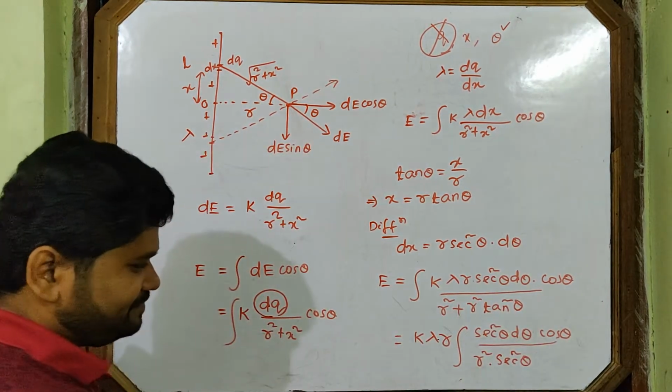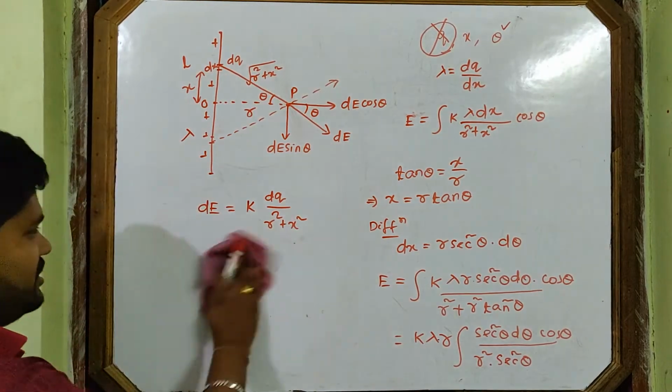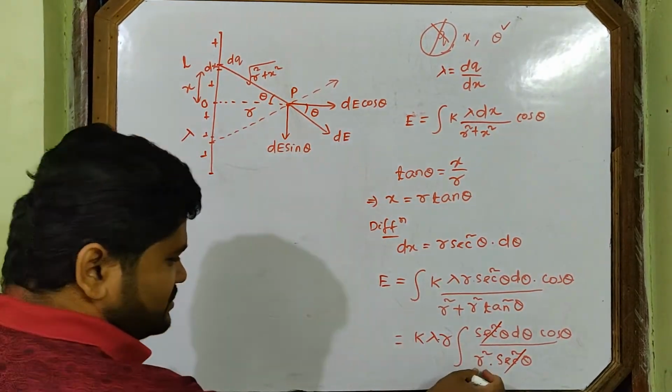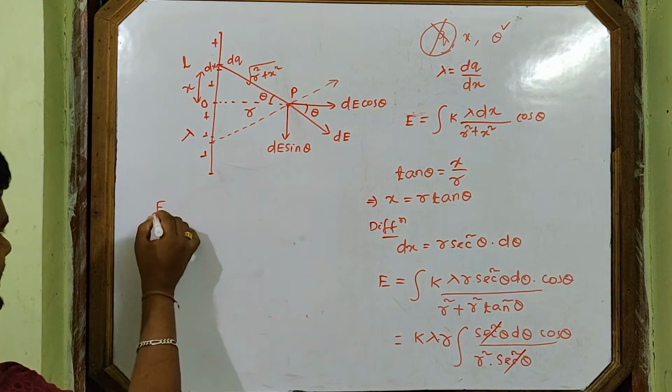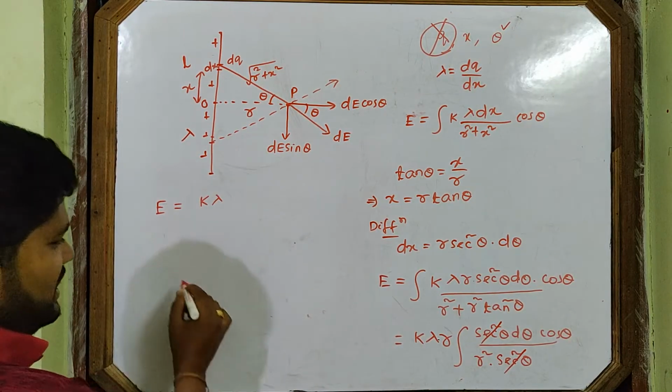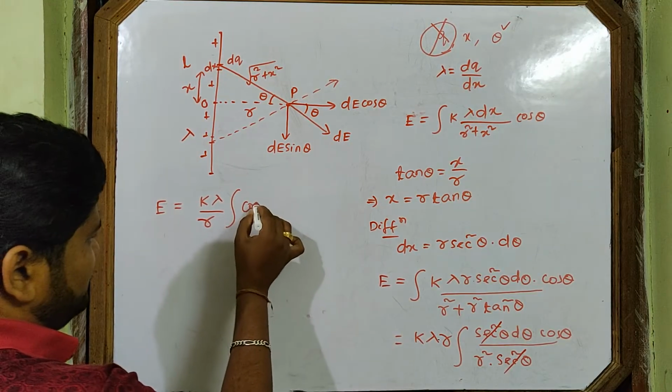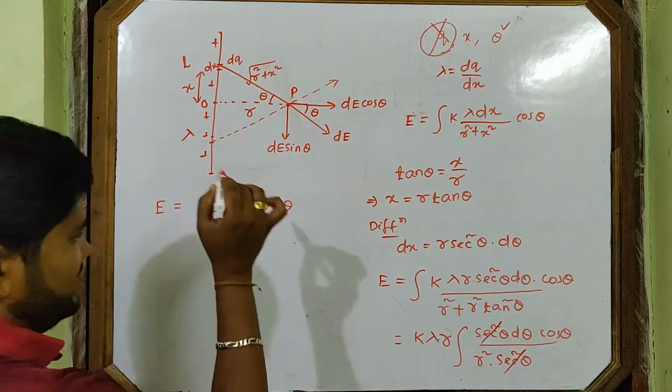Sec square theta. Okay. Now you see sec square theta cancels. R square comes outside. E is equal to k lambda by r, integration of cos theta d theta.